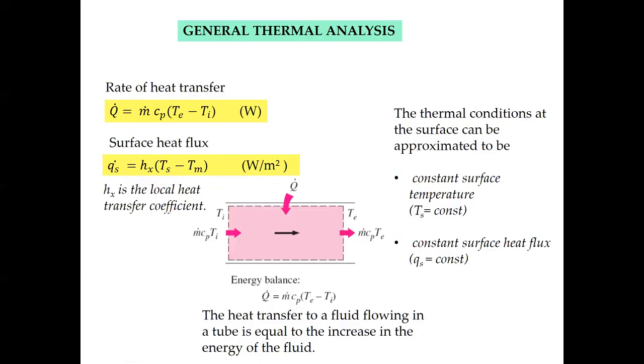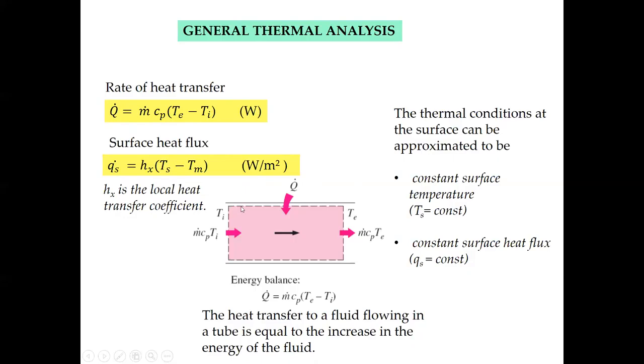In order to calculate how much Q you added in watts, you multiply the mass flow rate by the heat capacity of the fluid, and multiply by the difference in temperature, exit minus inlet. So you have Q dot here in watts. This is how much energy you ideally put into the fluid, which causes the temperature to increase. This is the amount of heat in watts.